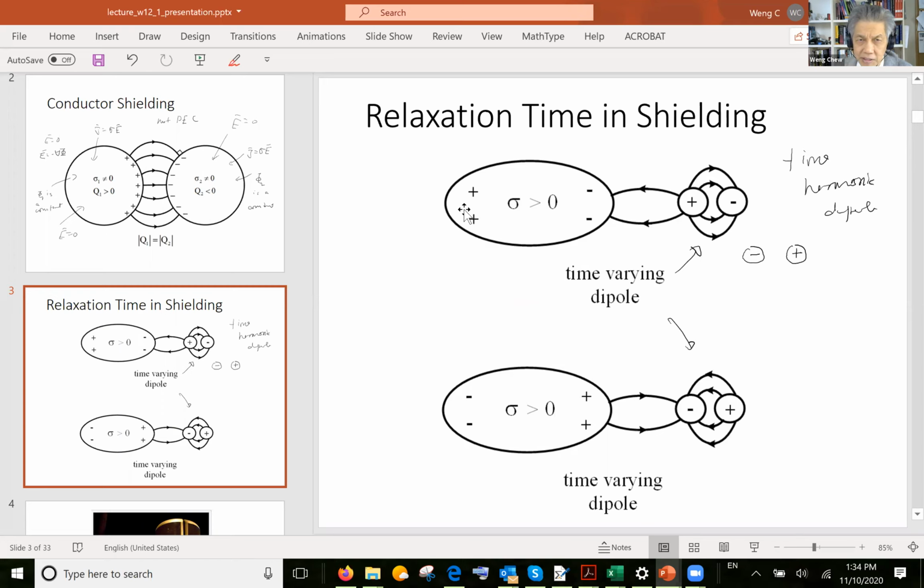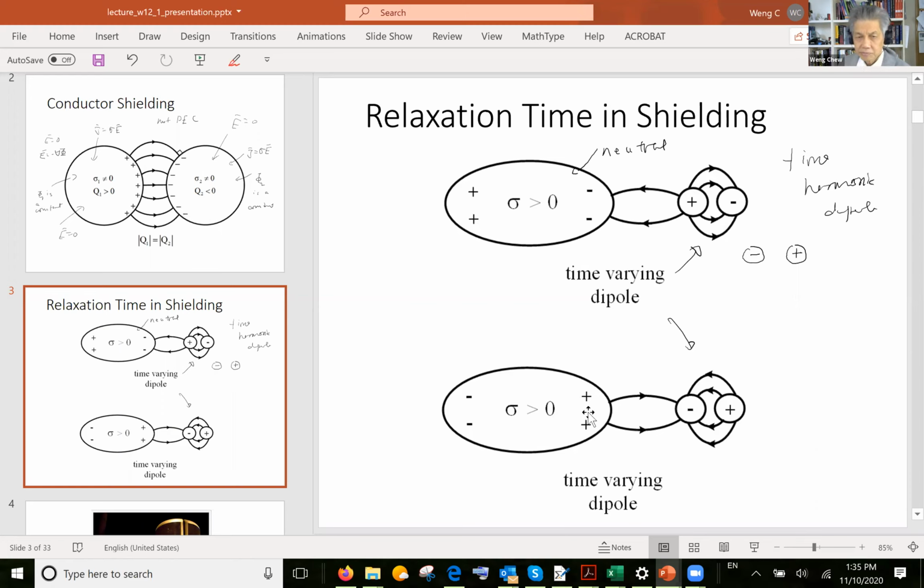But since this is a neutral body to begin with, if the charges are attracted to be here, to be negative, there must be excess of positive charge on the other side. However, when this dipole flips over to the other polarity, the charges here would be positive, meaning that the other side would be negative, okay?